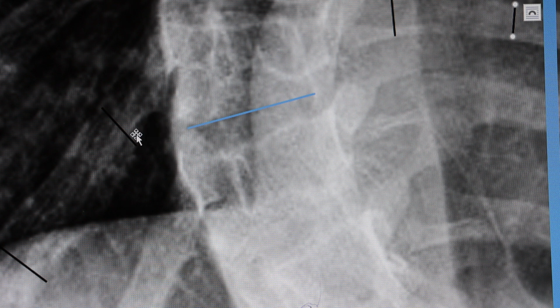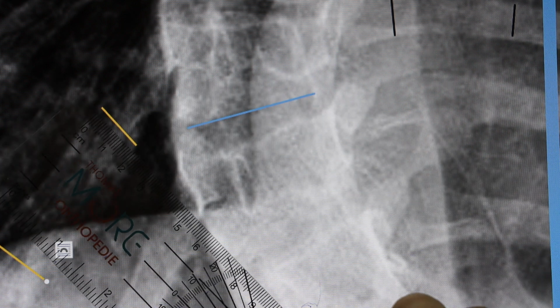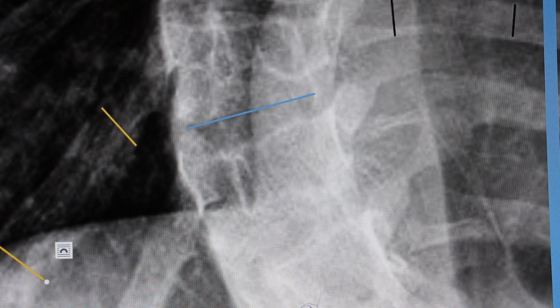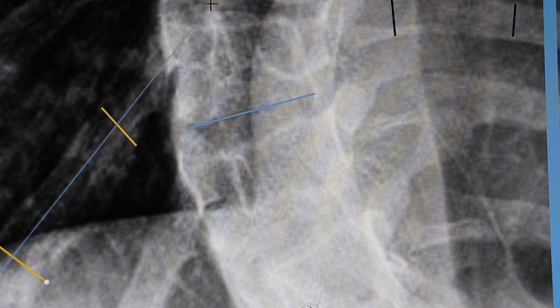So here is the line parallel to the end plate, and this is the rib at the convex side, and I've drawn this line as well as this line. Now what you'll have to do next is to measure the length of it and to centralize a line. Draw a line from the centers of these 2 lines.